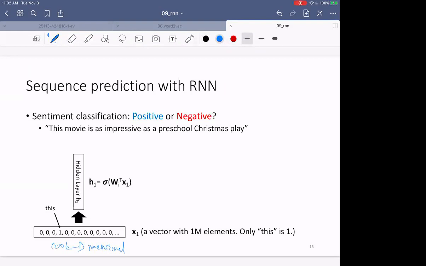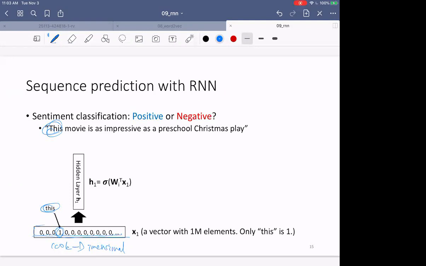But if we don't use the embedding and we just use the single RNN, only the RNN for binary classification, then you can inject a one hot vector. We call this a one hot vector because out of all the zeros, only one will be indicated. There will be only one dimension which has the value 1, which indicates that this represents the first word, this. It just so happens that the 4th dimension represents this, but there's no strict rule.